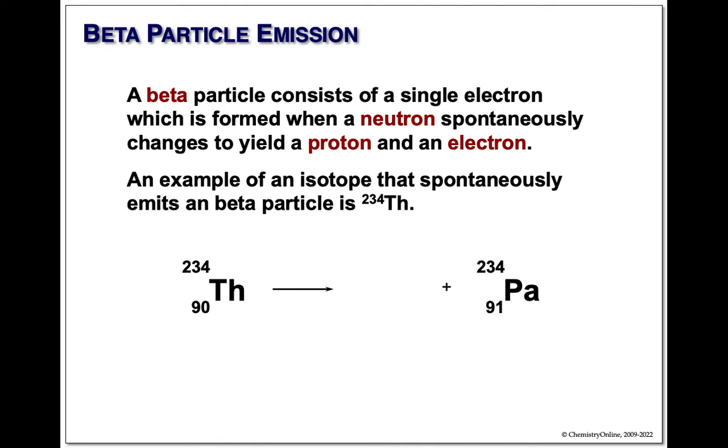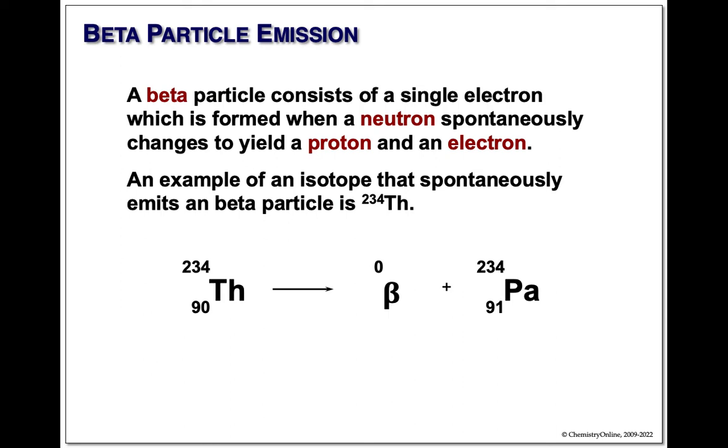So what do we write for a symbol here? Well, it's a beta particle, right? So we'll call it beta. The mass number doesn't change, so for mass number, we'll put 0. And finally, atomic number?